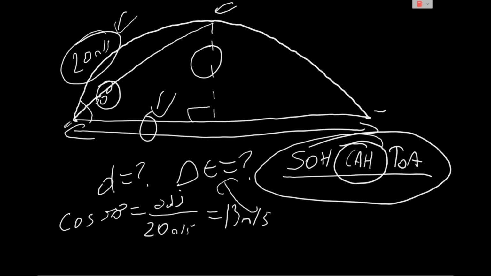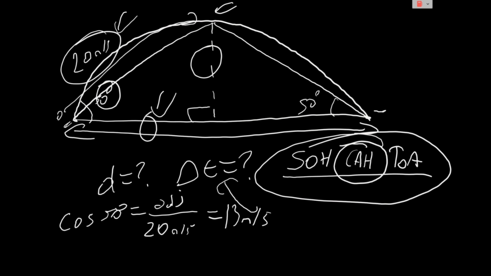An easy way to understand that is that when calculating any of these types of questions, we are only using calculations with one side of this big triangle, as on the other side it's the exact same. It's another 50 degrees going down here, and it's going to take the same time to go up from here all the way up to here as it will take from here to here.